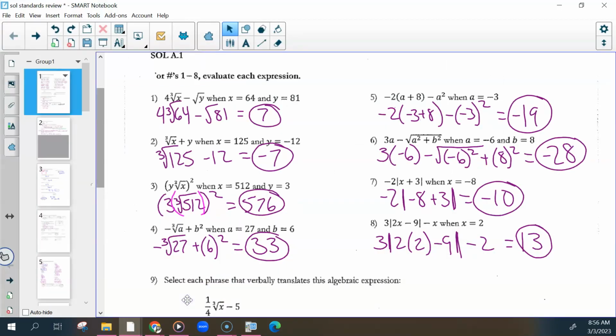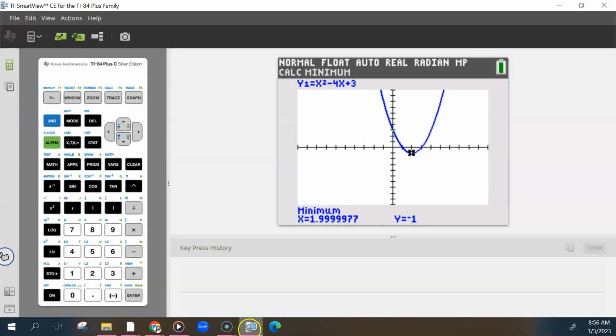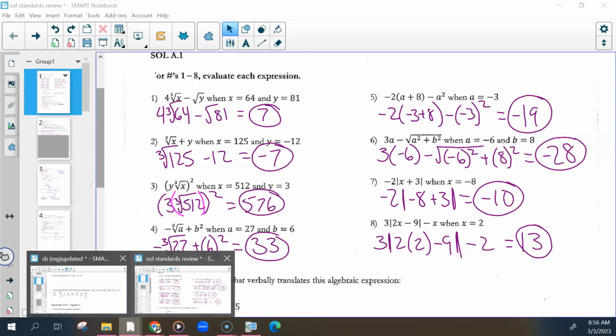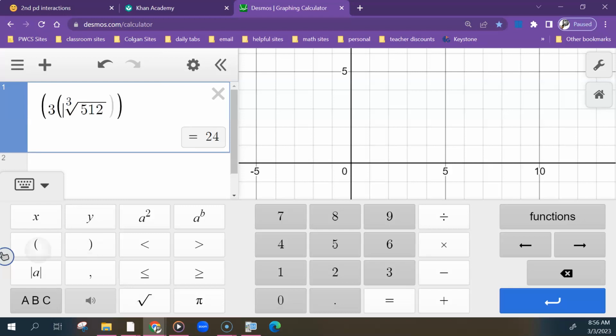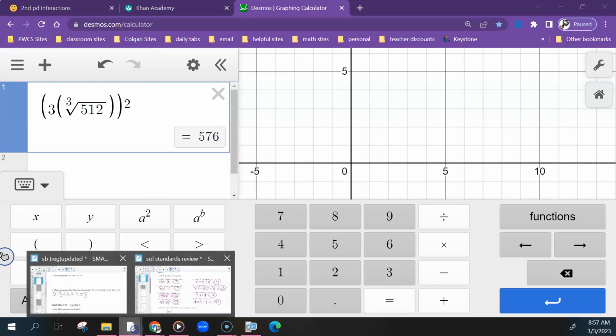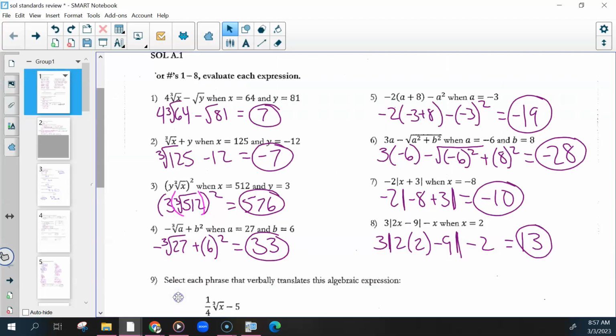And then the cube root of 512. If you want to put the cube root in parentheses, you can do that. You don't have to do that. And then all of that is being squared. Any others we want to see in the calculator and Desmos of those 8?